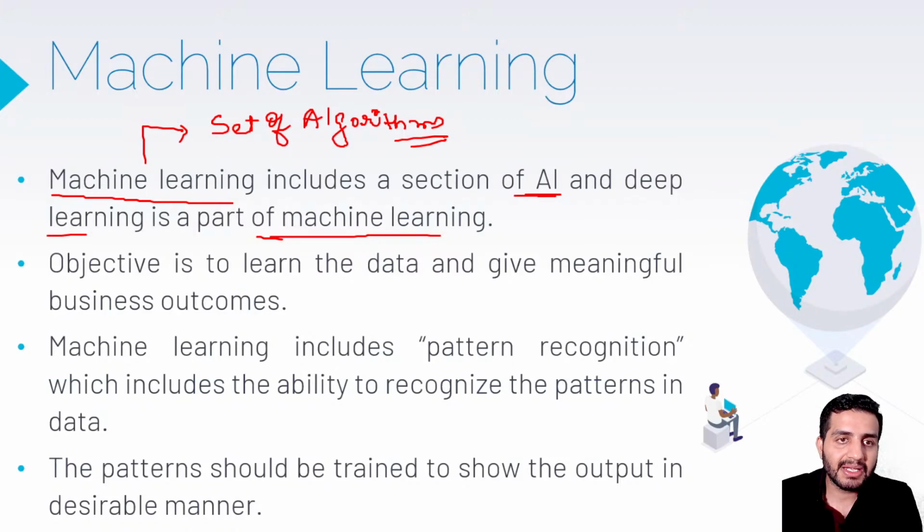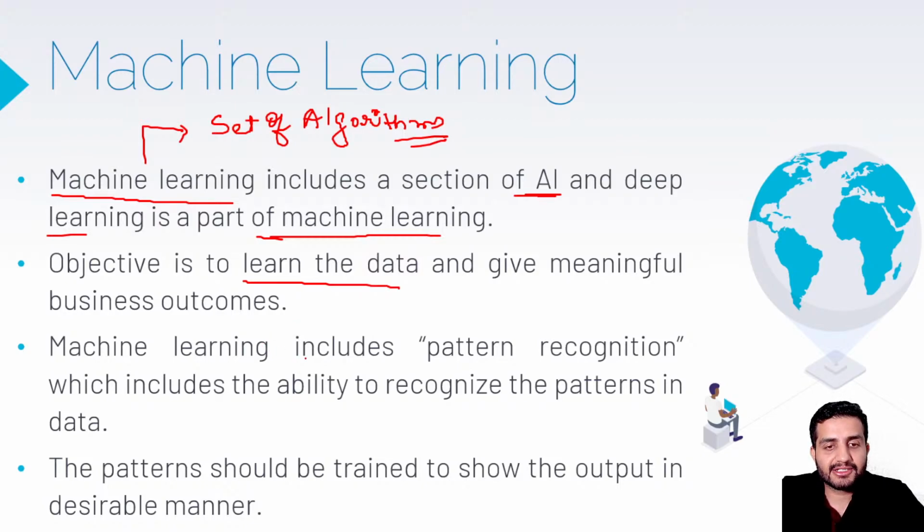Learning the data means identifying the right set of symptoms, right set of patterns, so that it can relate between the symptoms and my business outcome. And that is the objective we are trying to solve from machine learning, guys. So my objective here is pretty simple. I'm trying to make the machine learn the data and give some meaningful business outcomes.